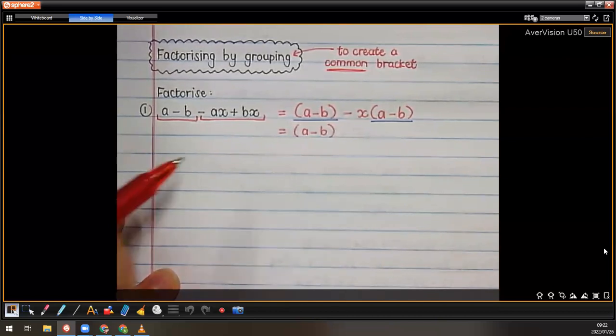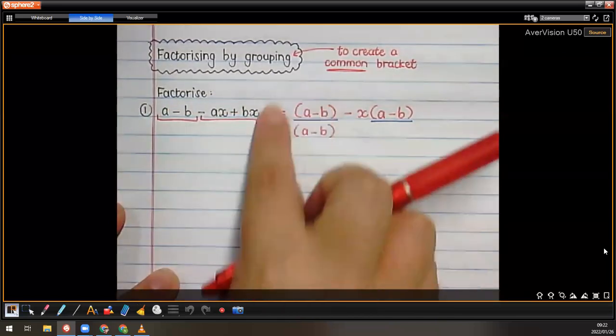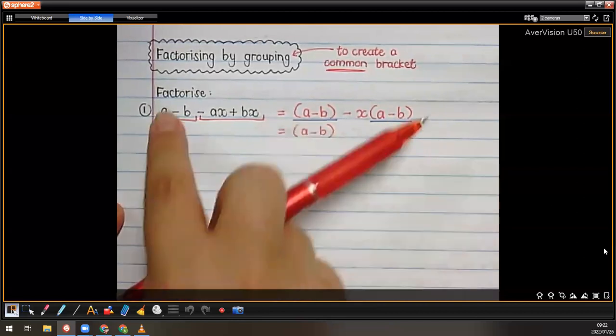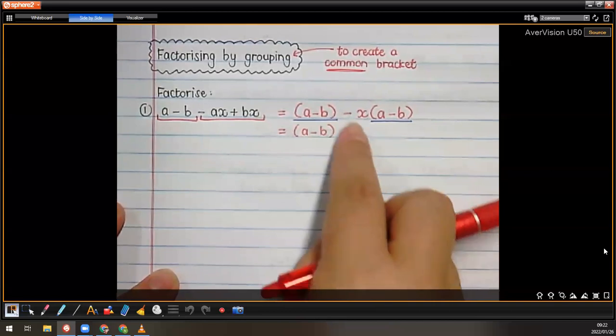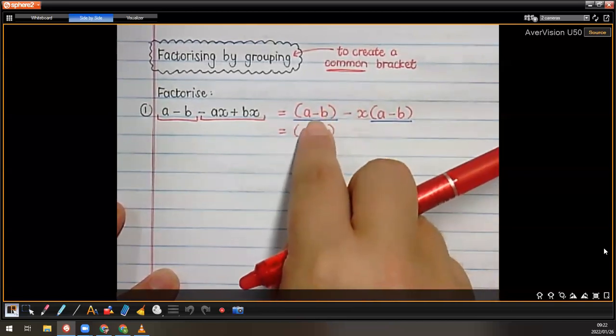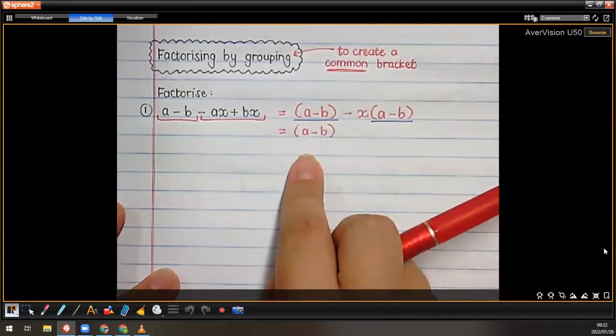Now, just like we did up here when we divided each term by negative x, now over here, do we agree that again we have two terms? Well, not again, we have four terms here, but here we now have two terms, right? Now when I'm taking out this common bracket, I have to divide the first term by that common bracket and the second term by that common bracket.